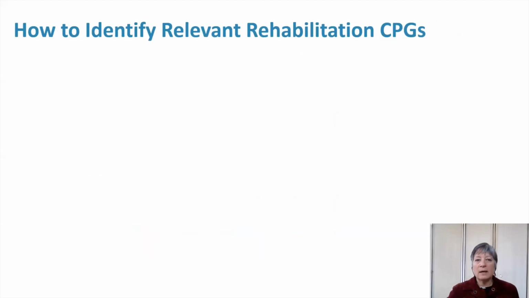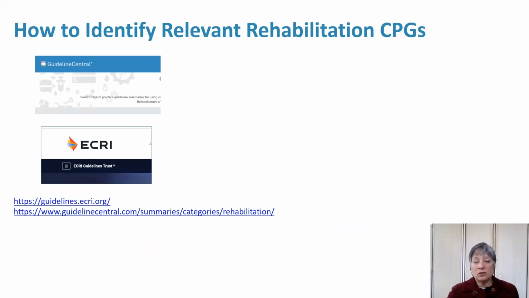Let's talk a little bit about how to identify relevant rehab guidelines. Dr. Proctor has shown the Guideline Central Rehabilitation page, which is a really important page to know about. Also, the ECRI Guidelines Trust website will provide guidelines of relevance to rehabilitation. One of the challenges that we've experienced in physical therapy is that many of the broader guidelines lack sufficient detail to guide clinical practice in, for example, physical therapy.